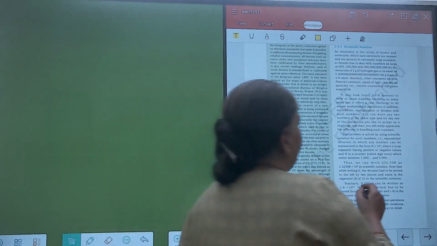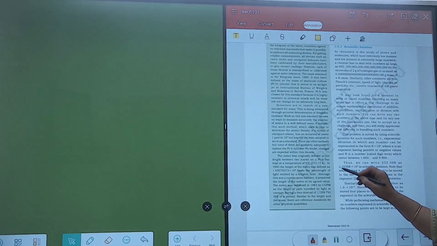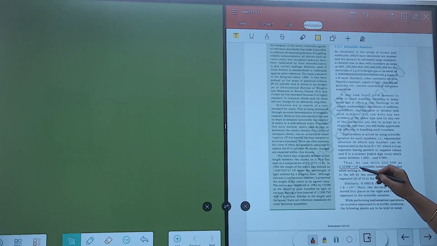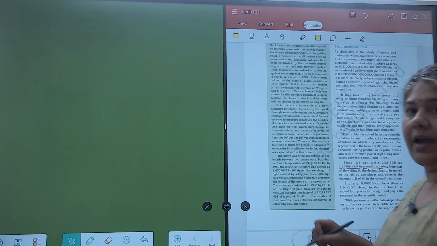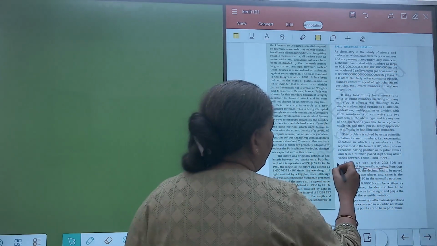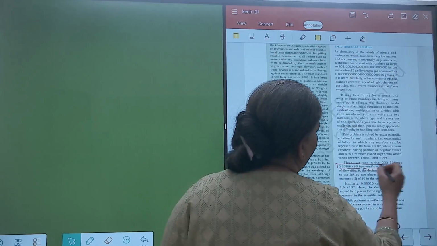The number is written followed by an exponent, like 10 raised to the power 2, and this is called scientific notation.